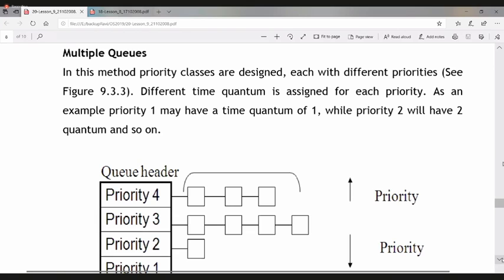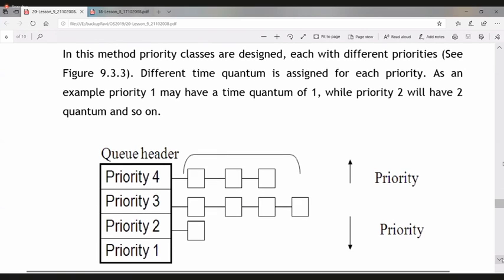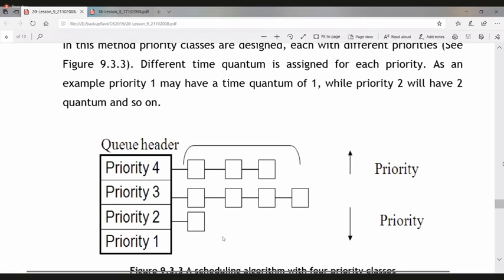Another method is not only one queue, but multiple queues. In this method, priority classes are designed. So you put processes in queues according to the priority, each with different priorities. A different time quantum is assigned for each priority.